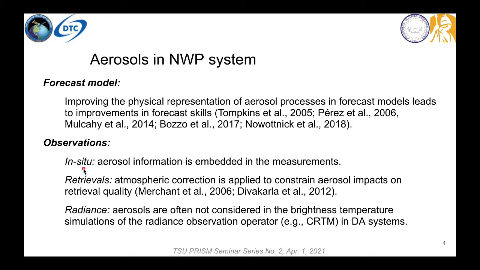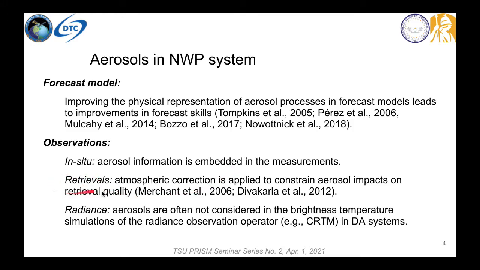Normally, there are three major types of observations assimilated in a modern DA system. The first one is in situ measurement, and then retrievals and satellite radiance observations.